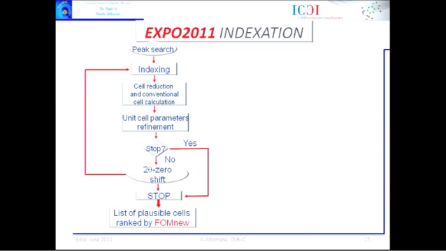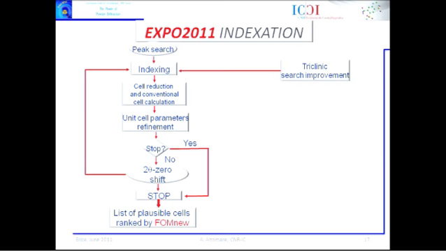At this point, a 2θ zero shift is systematically applied to the experimental d-values in order to obtain additional possible cells and in order to take into account possible 2θ zero error. This is cyclically repeated, and at the end, the list of the possible cells is given. The cells are ranked according to the Fnew figure of merit, and the cell corresponding to the largest Fnew value should be the best one.